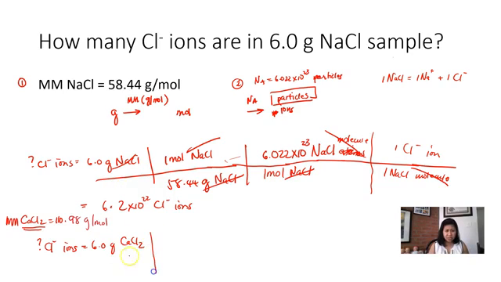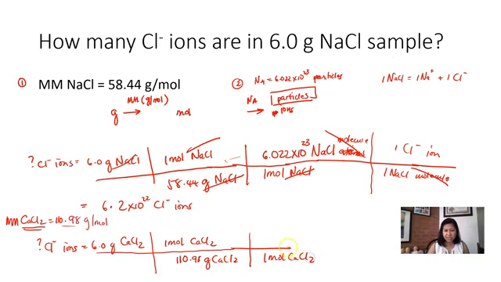Okay, so 6 grams of calcium chloride, we know that a mole of calcium chloride will weigh 110.98 grams. We also know that a mole of calcium chloride has how many individual molecules?